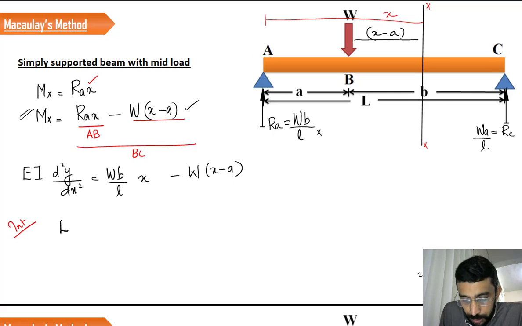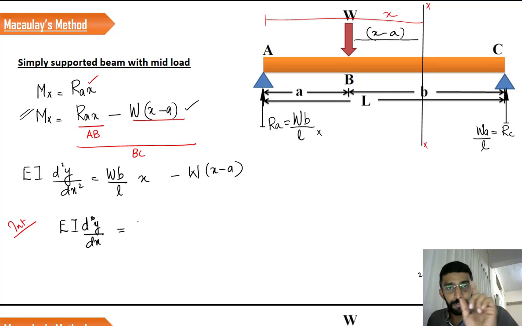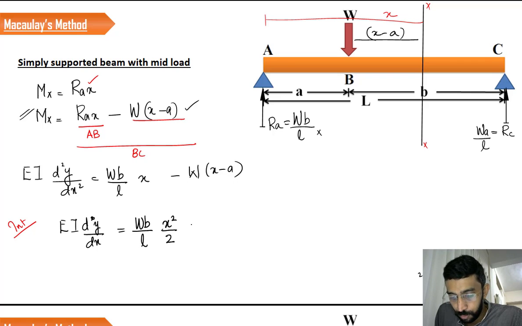So when I integrate it, like I told, dy by dx is going to come. Now I will apply the integration principles only for the first term. That means the integration of W B by L into x is x square by 2 plus c1. Here everything is fine because the integration principle is the same that we have learned. The integration constant is added along with the first term.